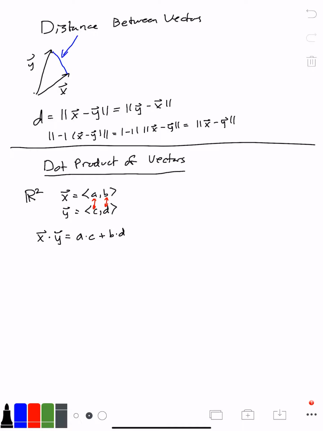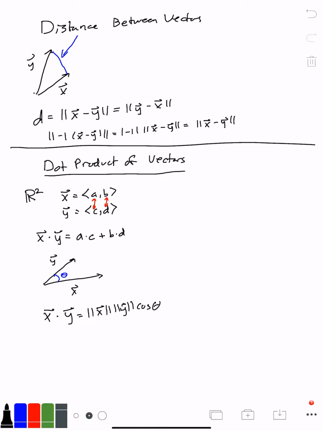Well, you can do a little bit of geometry, and I'm not going to do all of that here today, but if you do, you can prove the following fact: if you take the dot product of these two vectors, it works out to be the same as multiplying their lengths and multiplying that times the cosine of the angle between those two vectors.